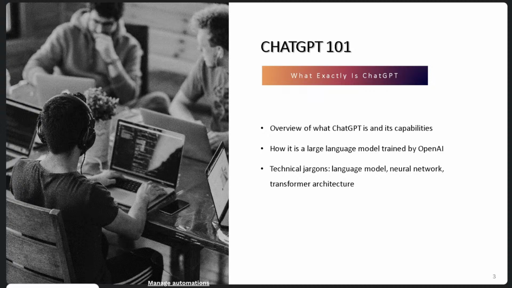The transformer architecture allows the model to process the text in a parallel manner, which means on multiple threads at the same time, which makes it faster and more efficient. Additionally, it allows the model to generate text with a high degree of fluency and coherence.